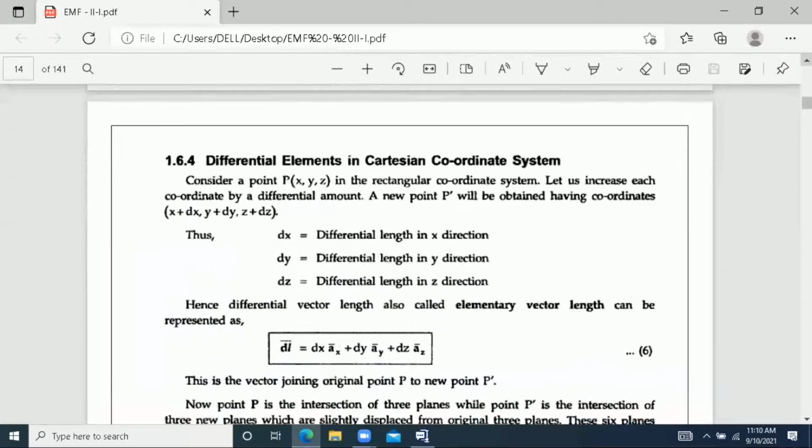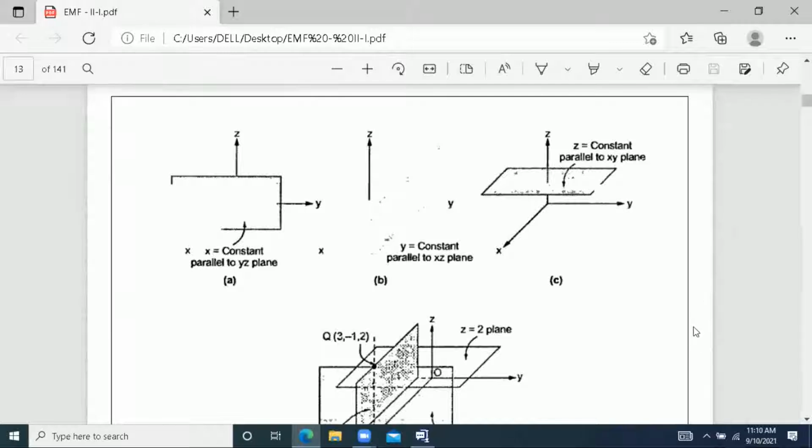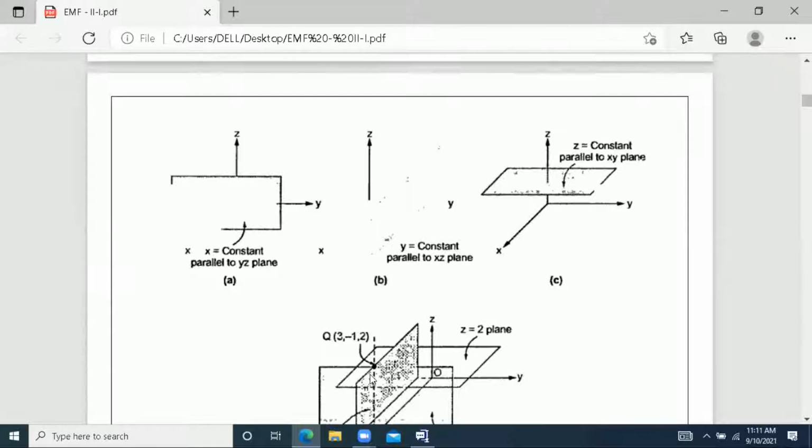Let me make it easier. Go back to this one. The length from the origin to your point Q here would be the modulus of x squared plus the modulus of y squared plus the modulus of z squared, the square root of that.